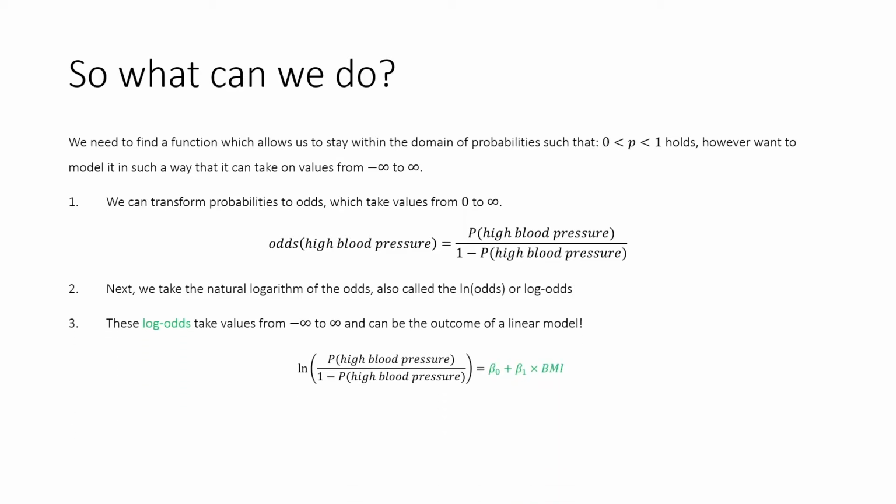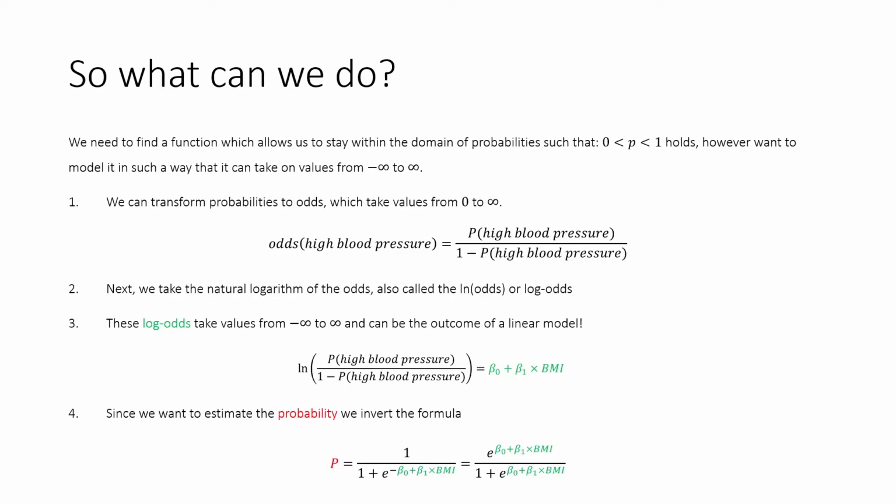These log odds can actually take values ranging from -infinity all the way up to infinity, and they can serve as the outcome of our linear model. So what we end up with is a regression equation that calculates the log odds of some outcome. And if we can calculate that log odds, we can also transform it back to a probability. I'll show you how that works in a second.